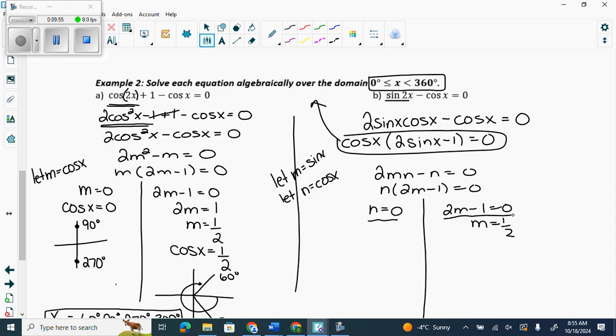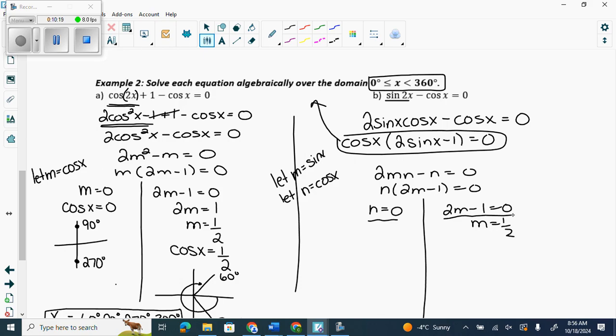But what they tell us when we mark is if we can see from step to step how you would get there, fine. But if you go from 2mn minus n equals 0 and you tell me n equals 0 and m equals a half, that's too many steps skipped. I can't see how you could easily go from there to there, right? You know what I'm saying?